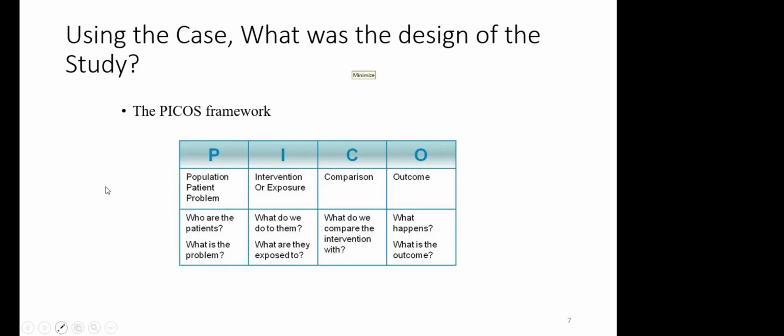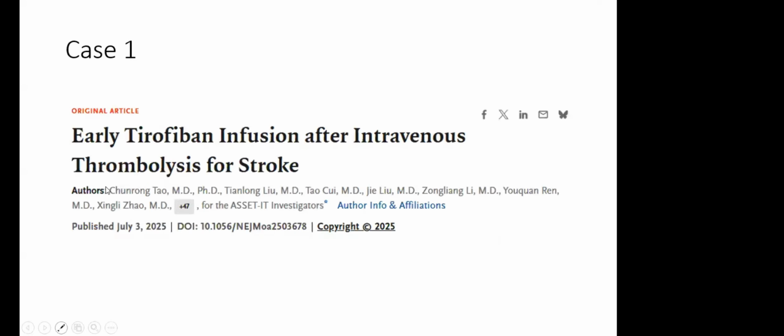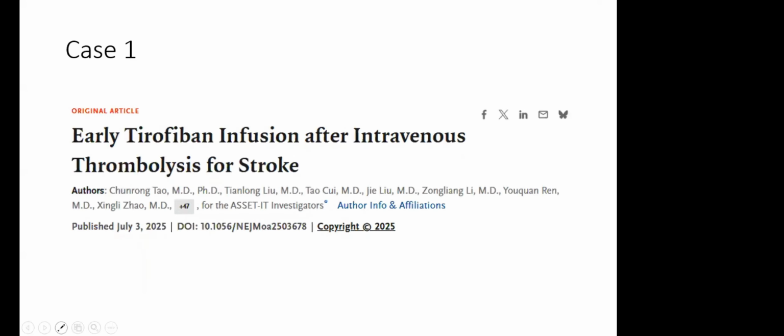Yeah, so an excellent functional outcome based on the modified Rankin scale at 90 days. Yeah, so I'm seeing someone was asking that I briefly show the study. So this is the title, and part of the abstract.